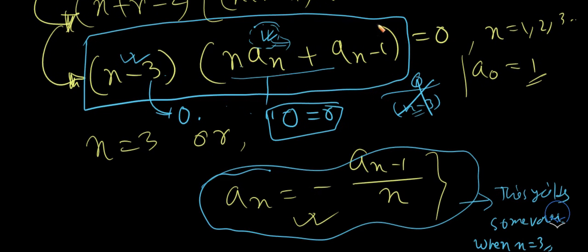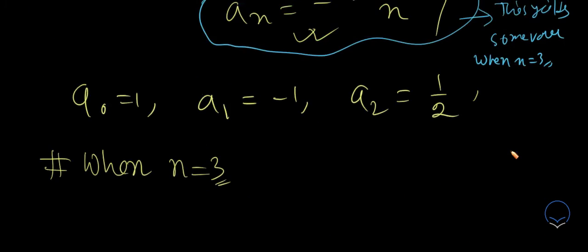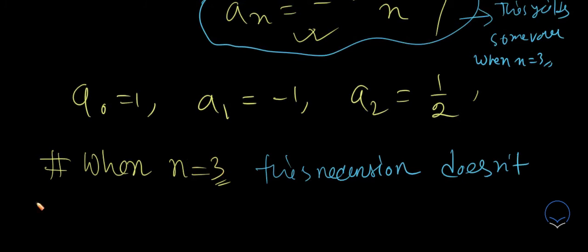So at that point, this recursion that is written over here doesn't make any sense. It doesn't apply at all. So that's the problem. So when n equals 3, this recursion doesn't apply at all, because the very origin of the recursion gets destroyed. So that's the thing that has been happening.